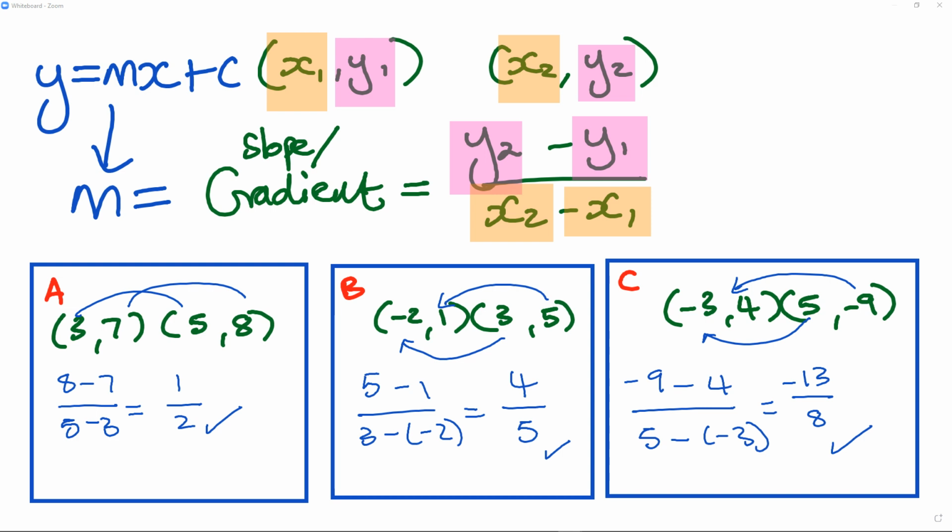Let's see if you can get to the top. Click on the Kahoot and begin, 25 questions coming through on gradients and y-intercepts. Good luck. When you start the Kahoot, you can just type start or I'm in. All right. Click on the link. Give it a go.